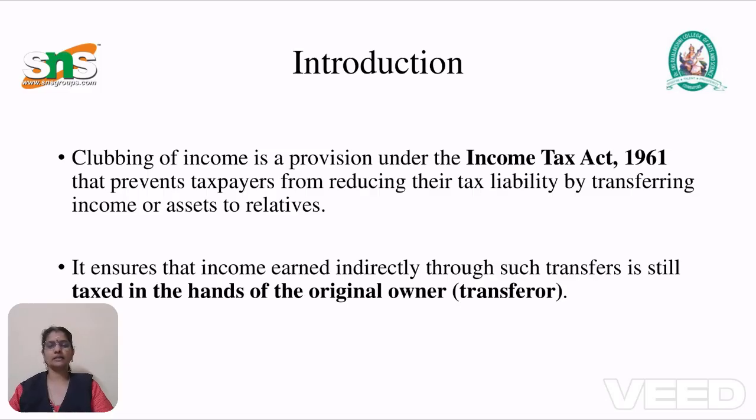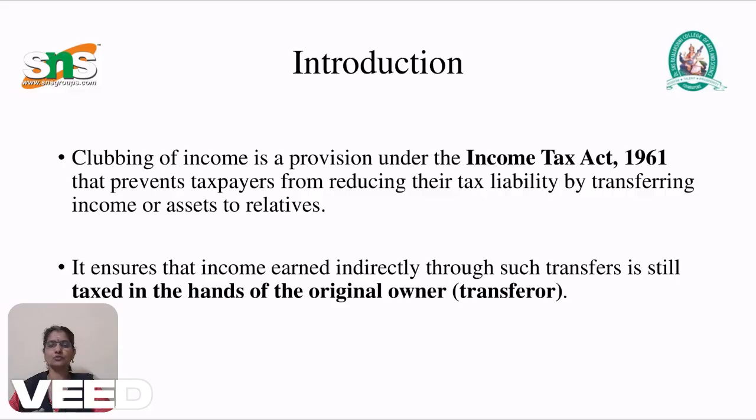Suppose any taxpayer is trying to reduce their tax liability. At that time they transfer their asset to a close relative, such as the spouse, father, daughter or son.